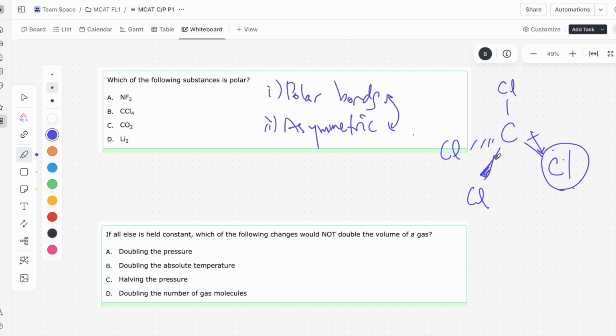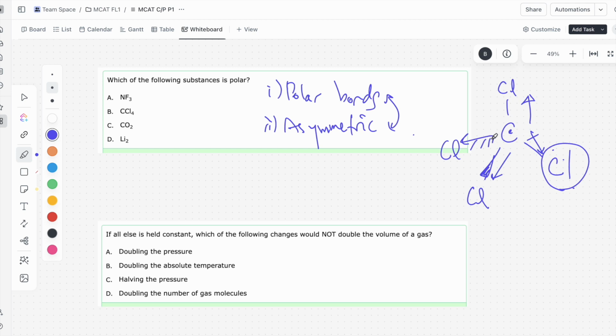So even though these bonds are polar, if you look at the vectors, the way these electron densities, or these arrows, or these dipole moments are pointed, they actually all cancel each other out. If you add up the vectors for these dipole moments, you get a net zero vector. So there is no overall polarity in the molecule, even though the bonds are polar.